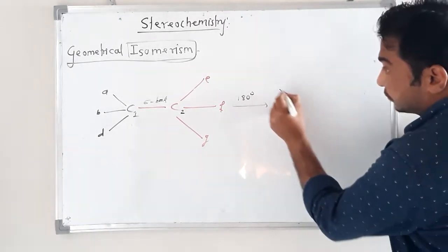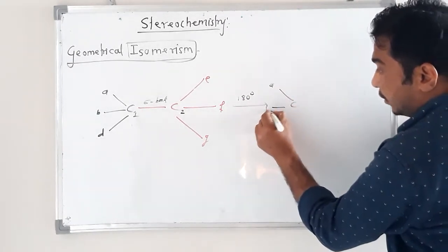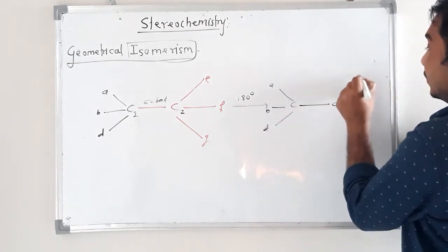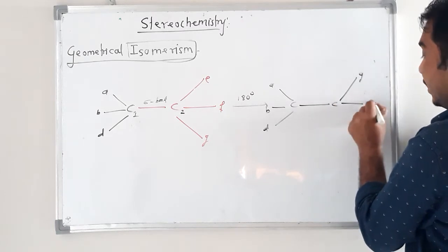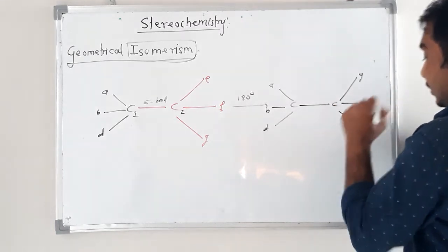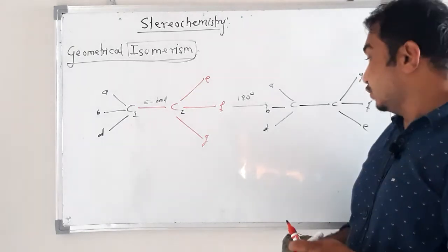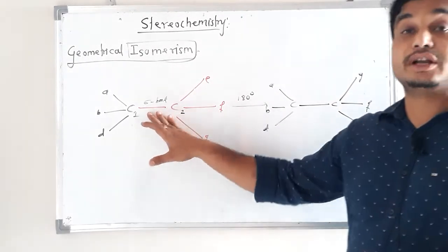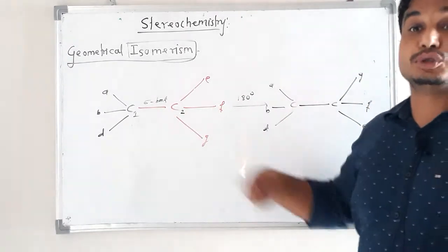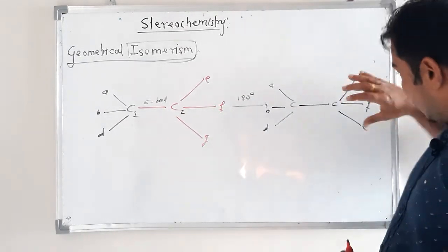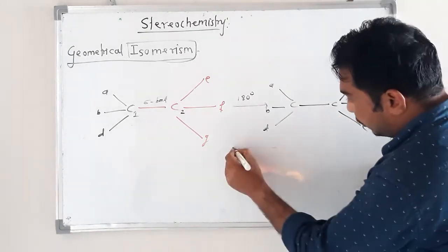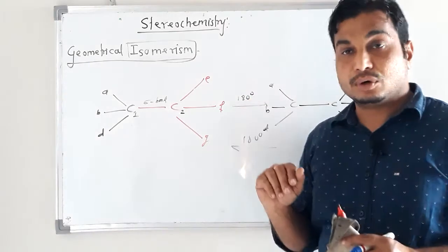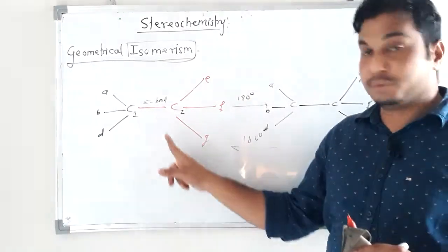You will get A, B, D, and G will be on the top side, F will remain as it is, and E will come on the downside. This will be the new structure, and again this bond is free to rotate, so it is in continuous rotational motion. That's why it will rotate again, and it will come back to the original position.